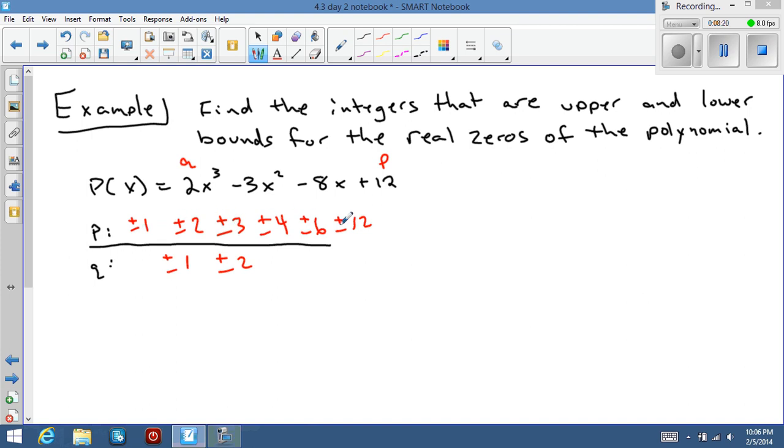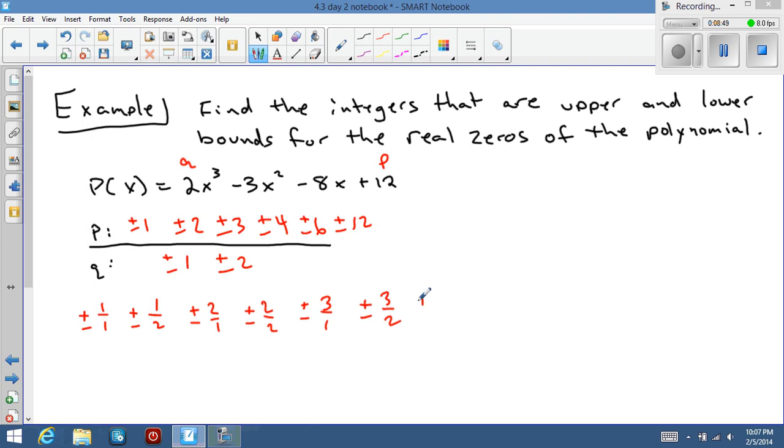When I list all my possible combinations, I will get 1 over 1, so positive and negative 1 over 1, and also 1 over 2, so positive and negative 1 over 2. Now we go to the 2, we get positive and negative 2 over 1, and 2 over 2. We keep going, so we get positive negative 3 over 1, 3 over 2.